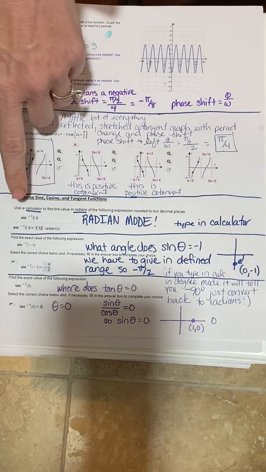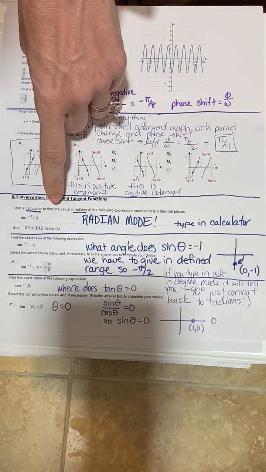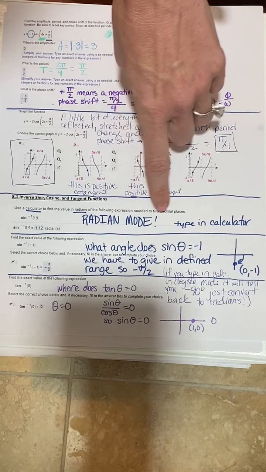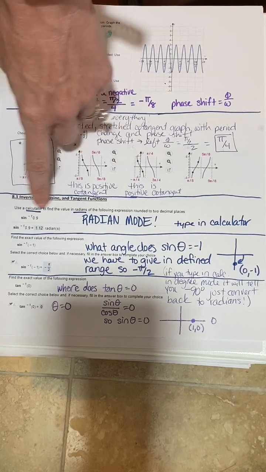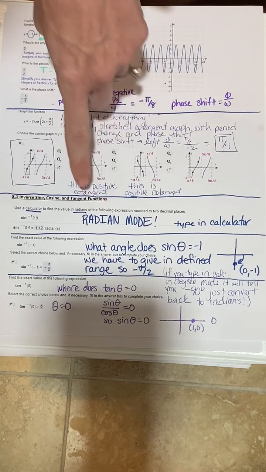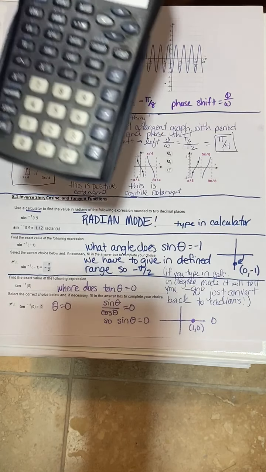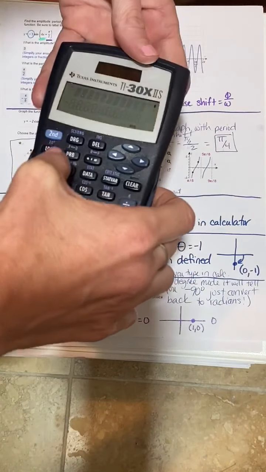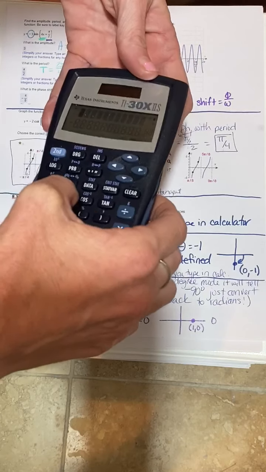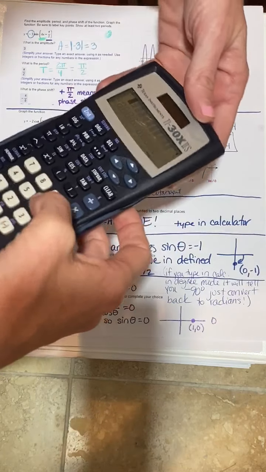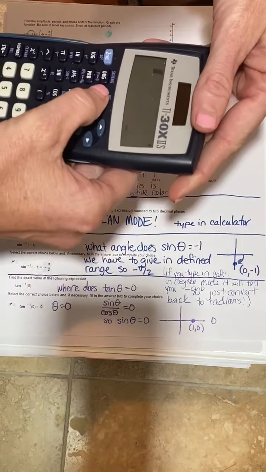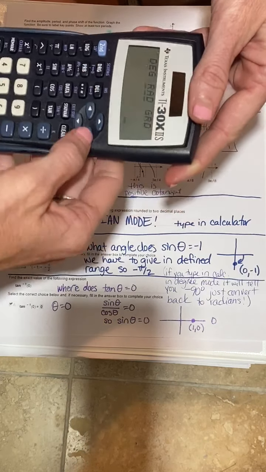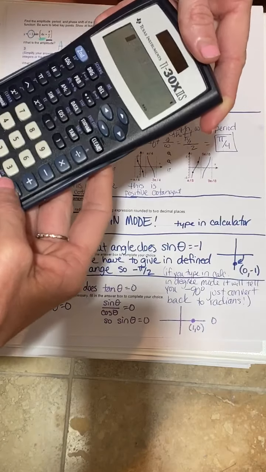So the first one says use a calculator to find the value in radians of the following expression rounded to 2 decimals. You simply type it in the calculator, but make sure you are in radian mode. So if I have my calculator, I'm not in the right mode, so I have to change it from degrees to radians.